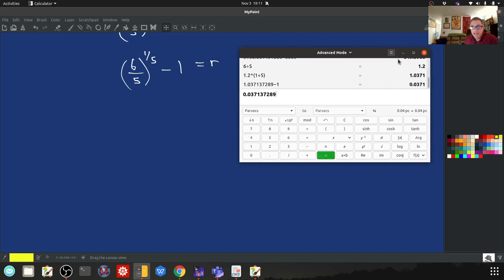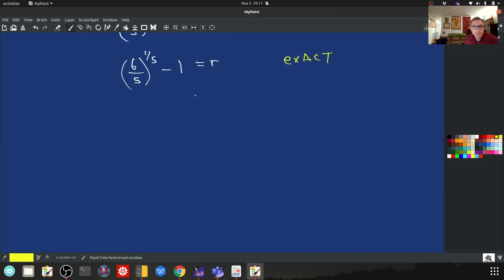So my answer is that r is equal to 0.0371. But this is not a percentage. So to convert to a percent, multiply by 100.